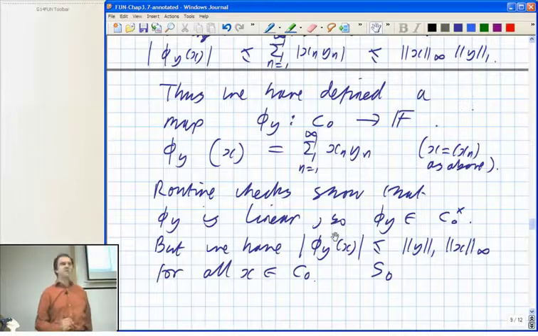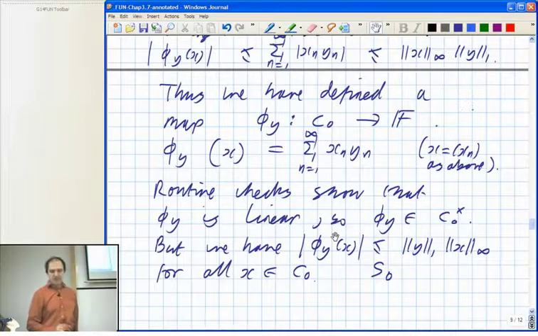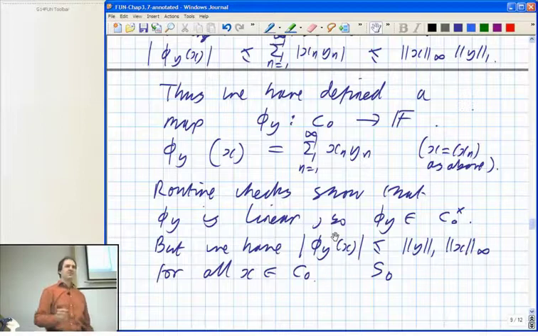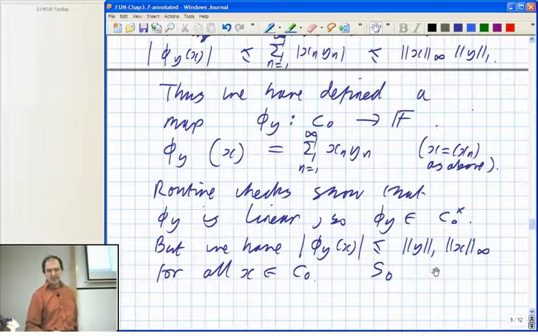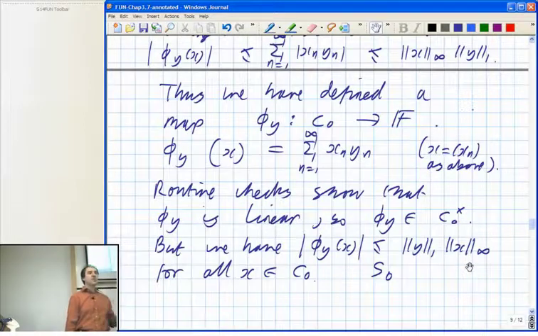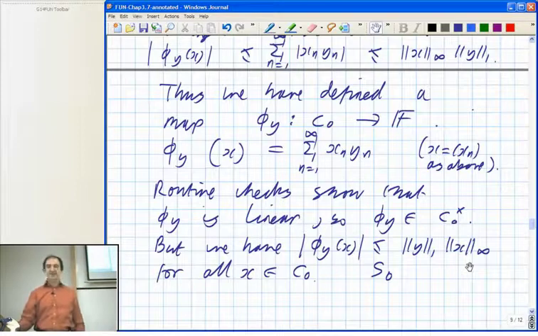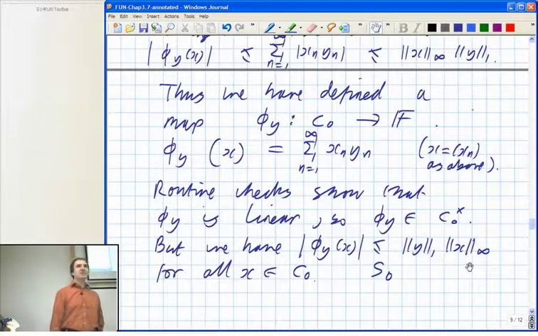Remembering that modulus is the norm on the scalars. So this says the norm of phi y of x is at most the one norm of y times the sup norm of x. Y is fixed at the moment. We're letting x vary through C0. So what does this tell us about this linear map phi y? Is it bounded? If so, what can you say about its operator norm?